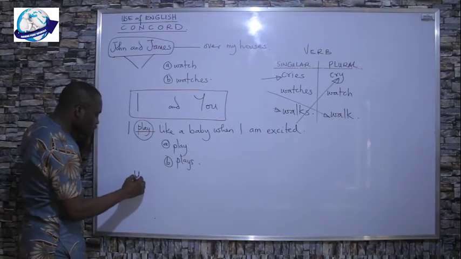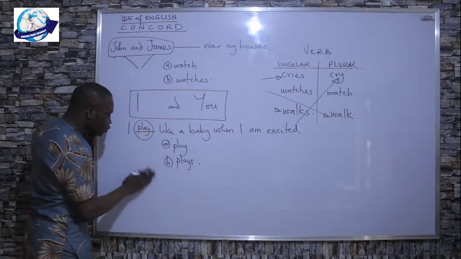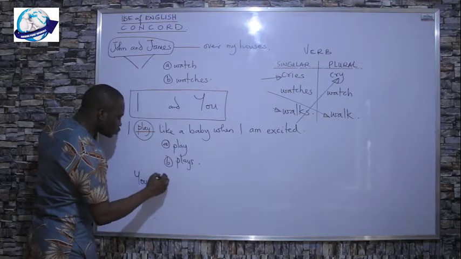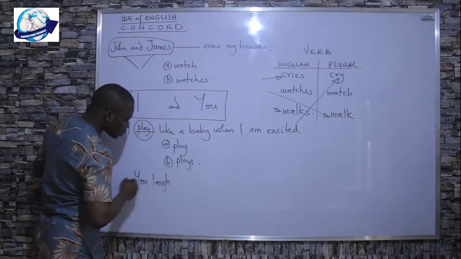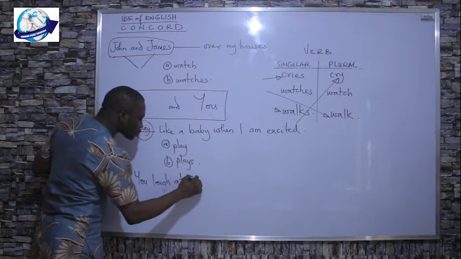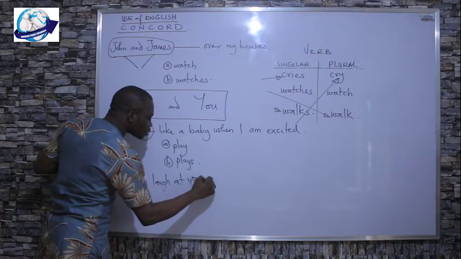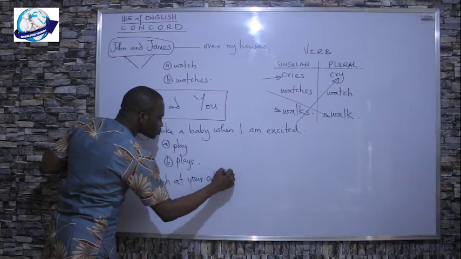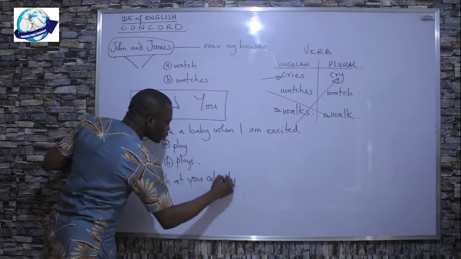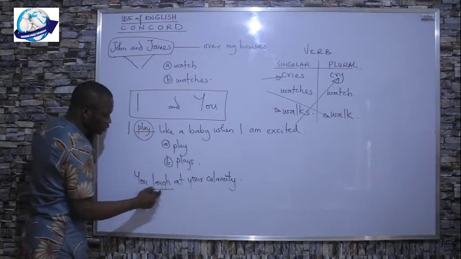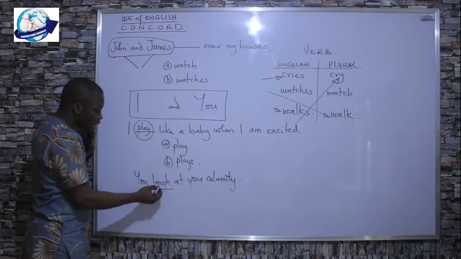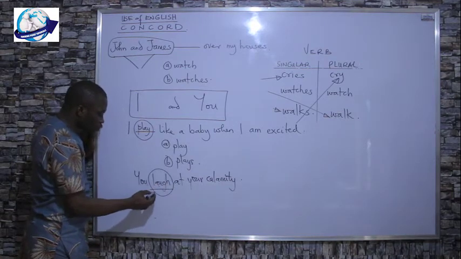So I can also say, you laugh at your calamity. So you can see that I'm not taking the word laughs with an s. No, I say you laugh at your calamity. Laugh, that's a plural verb. I'm having what? You.